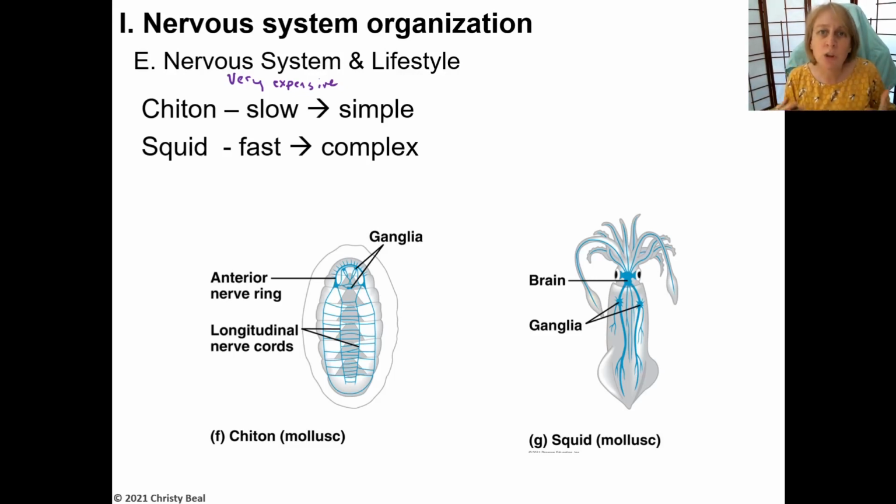So if you're not going to need to respond quickly to your environment, your nervous system is going to evolve to use less energy, to become more simple. This is a chiton. These are both mollusca, but this is a chiton. It's a kind of mollusk that has a hard shell on its back. It has segments, and it lives on the outside of rocks.